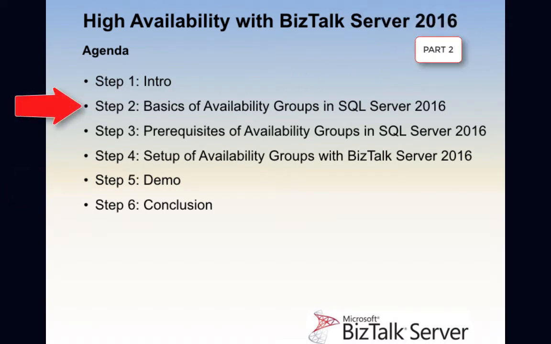What are the availability groups in SQL Server 2016? Basically, the concept of Always On availability groups is to provide high availability on the level of the database. This contrasts to the concept of high availability on the level of the service that we know from the classic failover cluster.